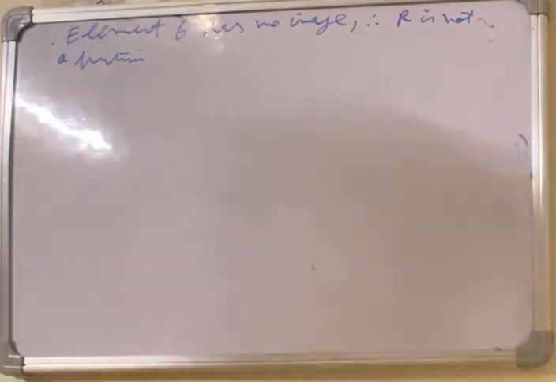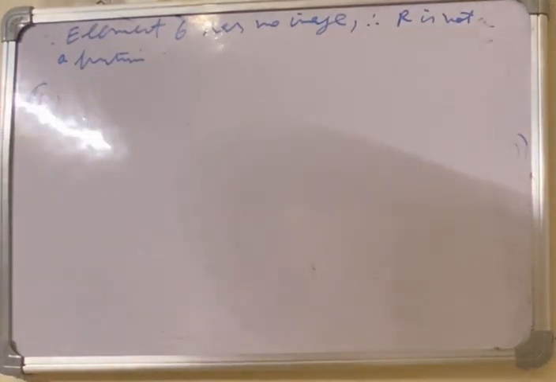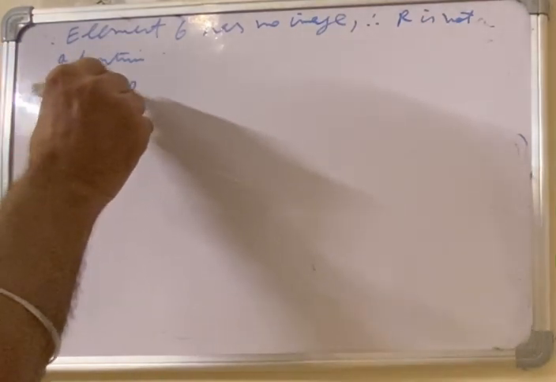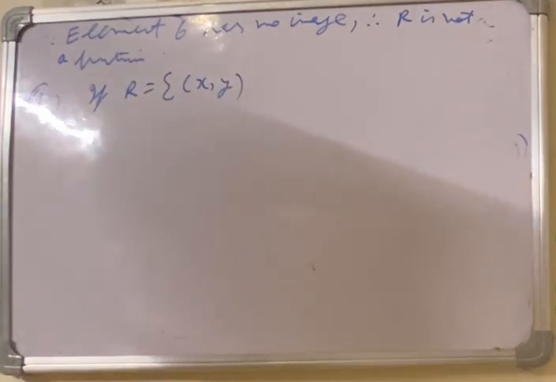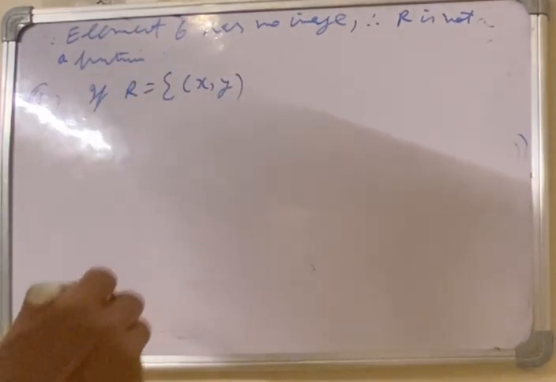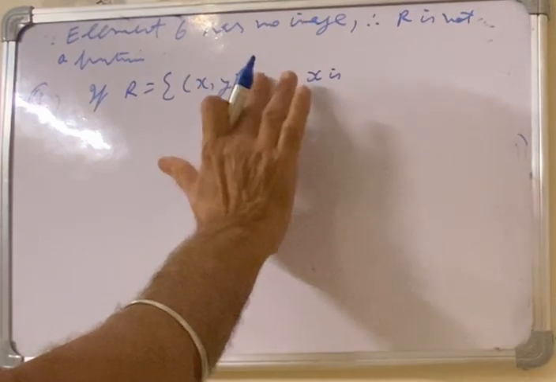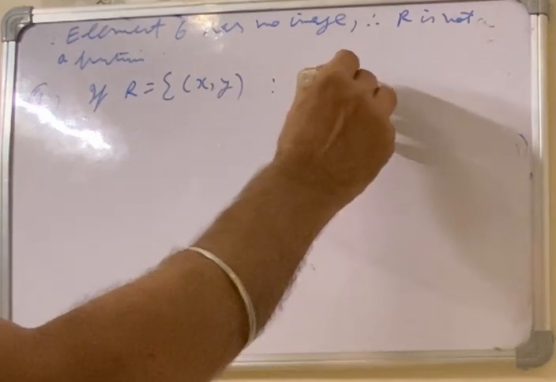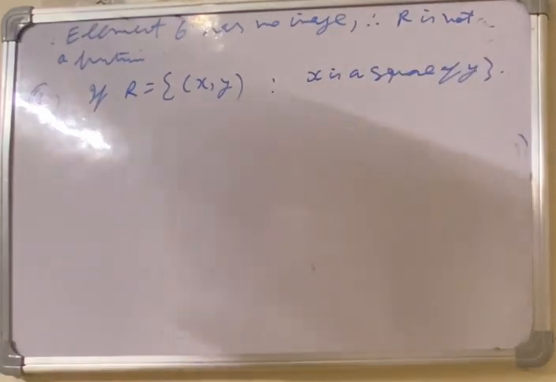Then second example. Let us take second example. If R is a relation xy such that x is a square of y.